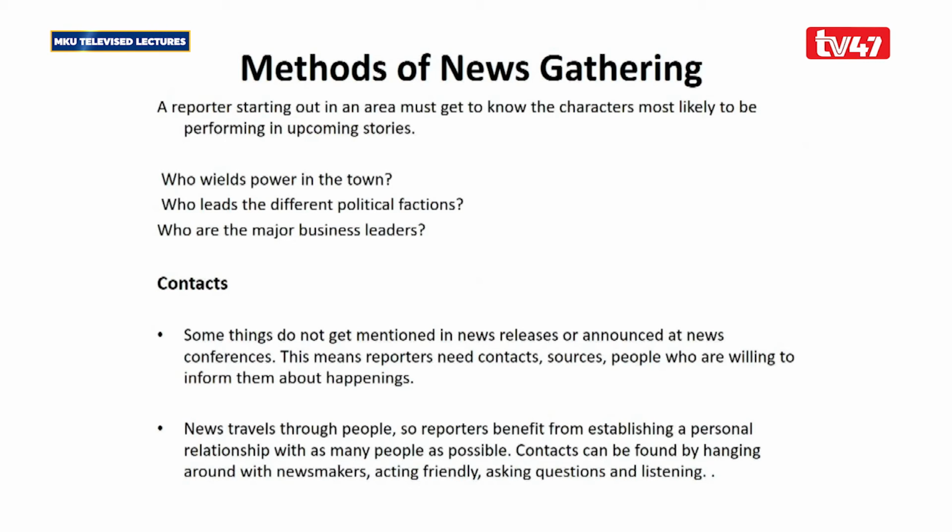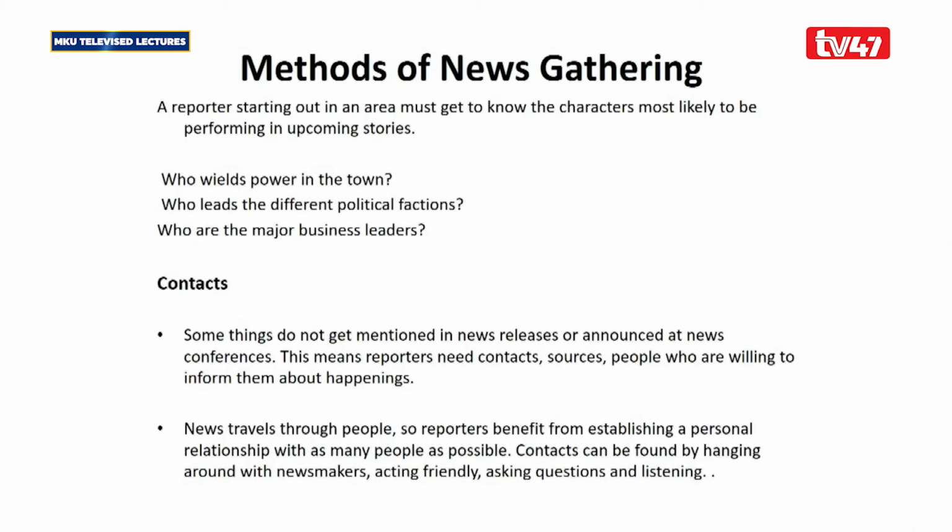So the other method of news gathering is contacts. Some things do not get mentioned in news releases or announced at news conferences. This means reporters need contacts, sources, people who are willing to inform them about happenings.